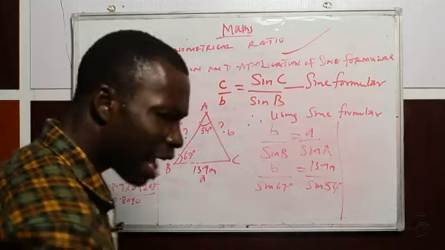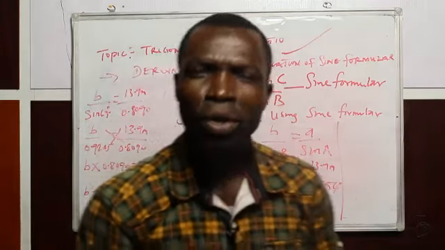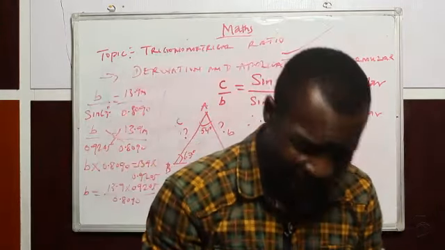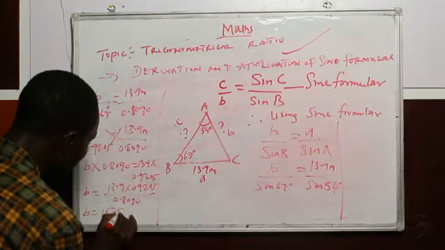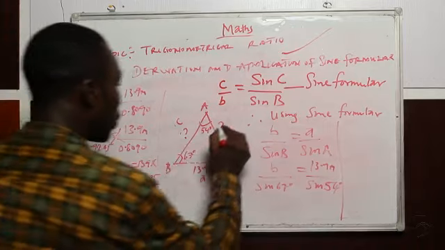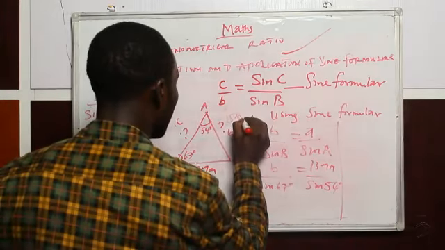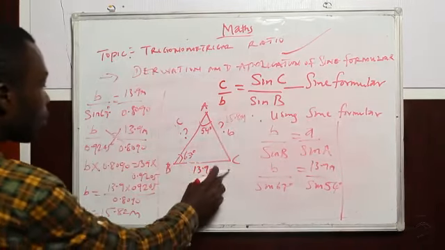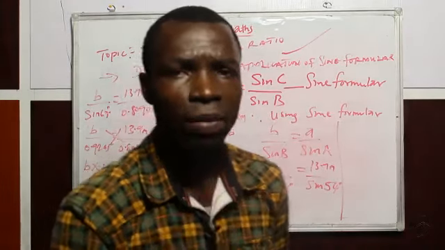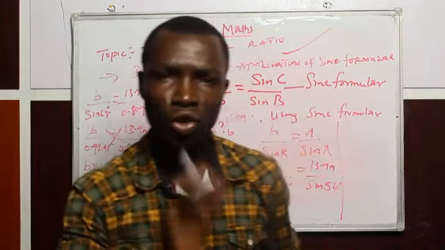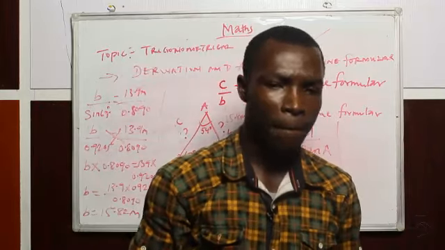That is our b, and your answer should be 15.82 meters. Remember, you have to put meters because our side a is 13.9 meters. Your unit is very important to get your full marks.